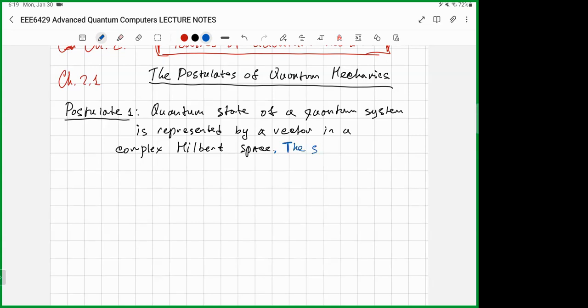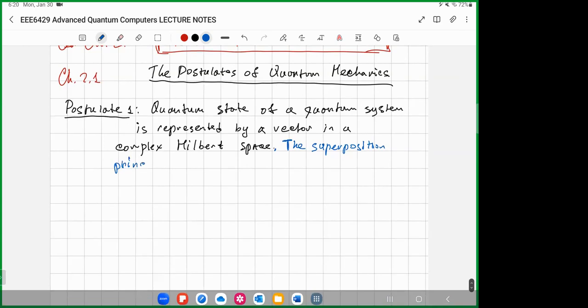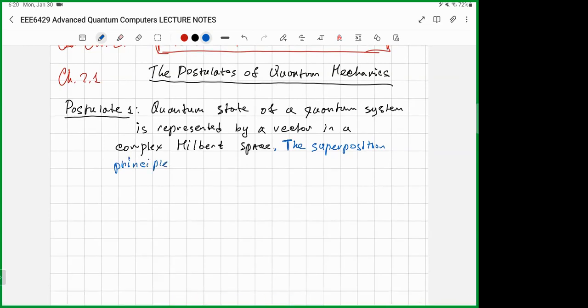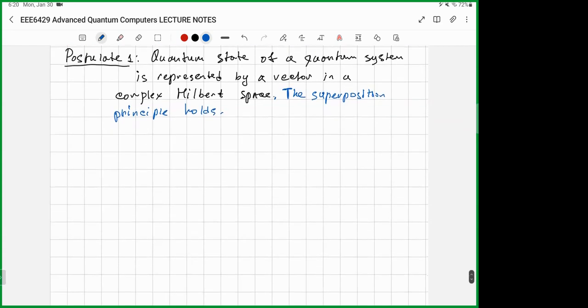The superposition principle holds in this complex Hilbert space. So a quantum state of any quantum system is represented by a vector in a complex Hilbert space.